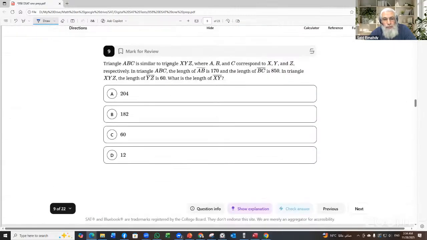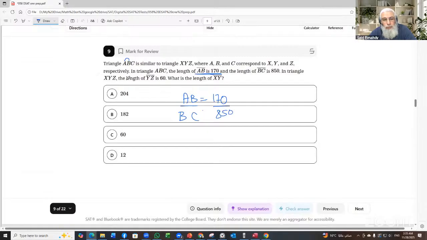Triangle ABC is similar to triangle XYZ, where A, B, and C correspond to X, Y, and Z, respectively. In triangle ABC, the length of AB is 170 and the length of BC is 850.